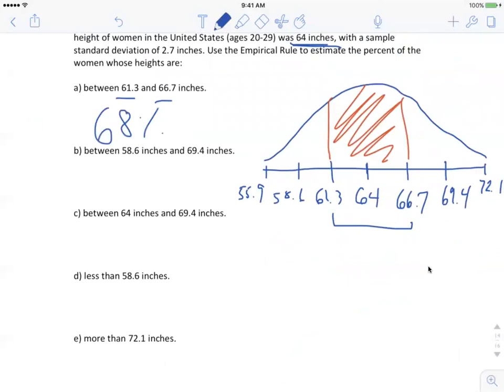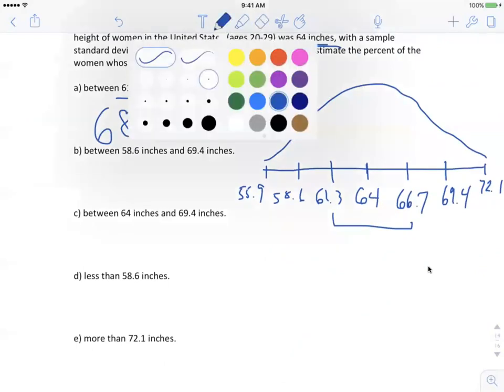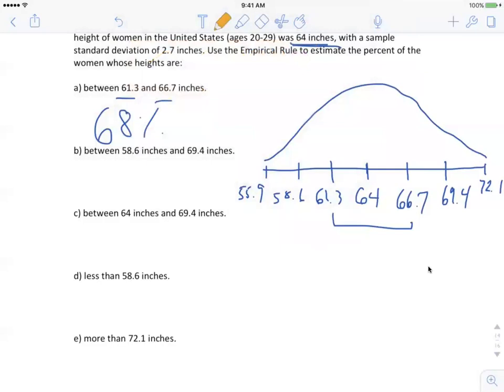How about between 58.6 and 69.4? Let me erase that and try that one, in orange. 58.6 to 69.4. I want to know what that area is.